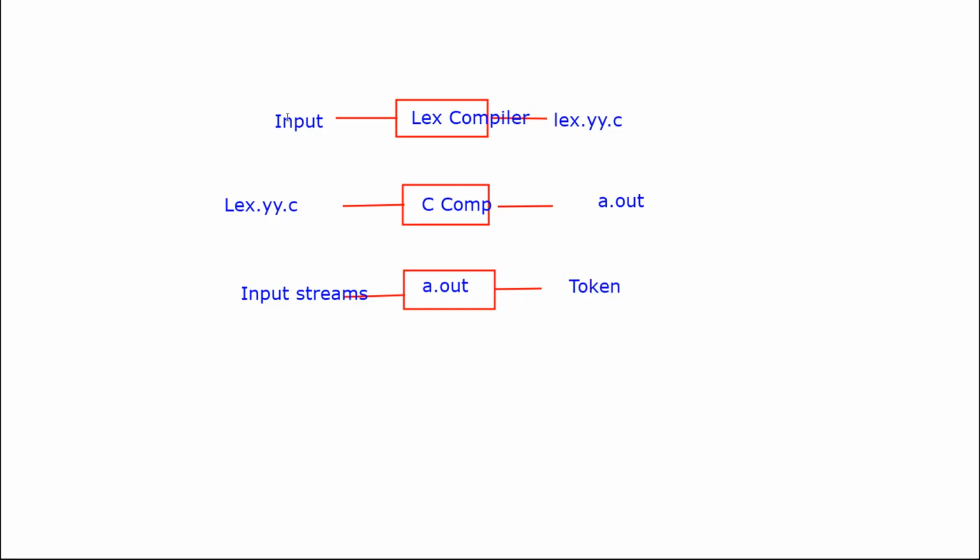Now the input that we are talking about here is in the form of Lex language. This program is in the form of Lex language, and the file that you create should have the extension .l. So the first step is the Lex compiler.